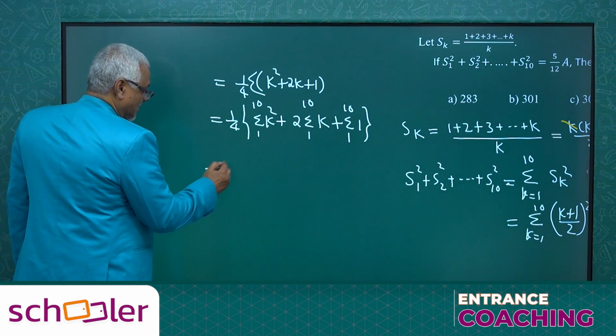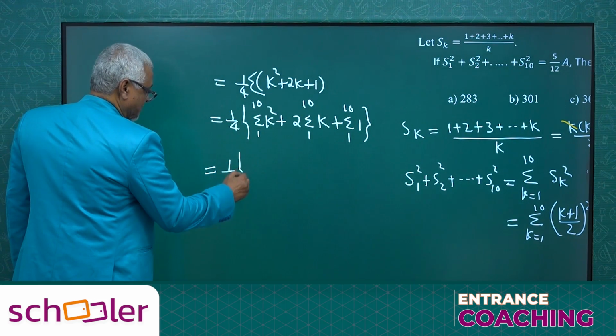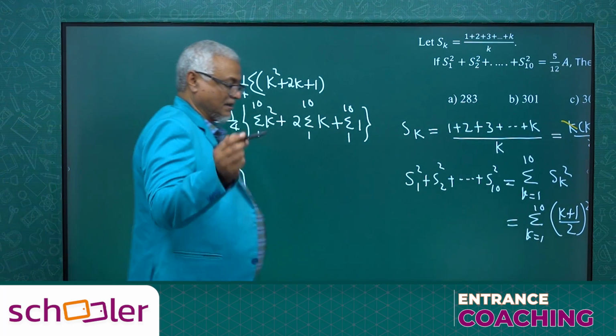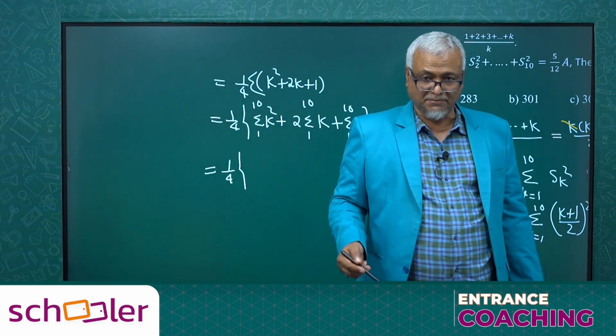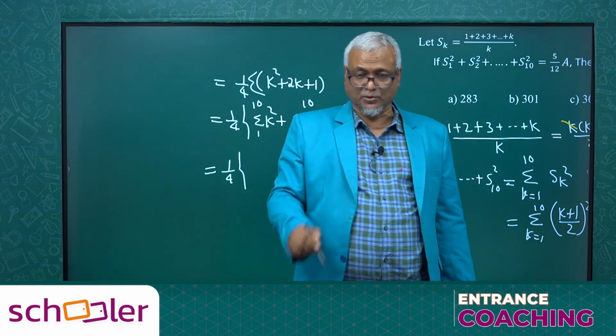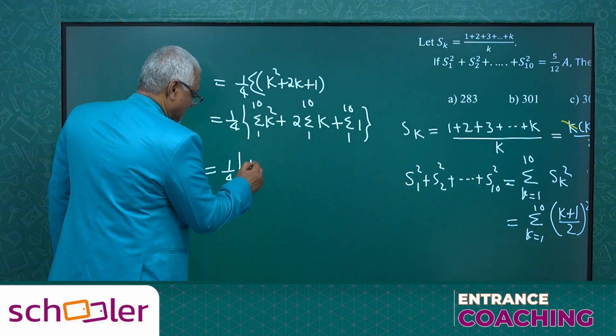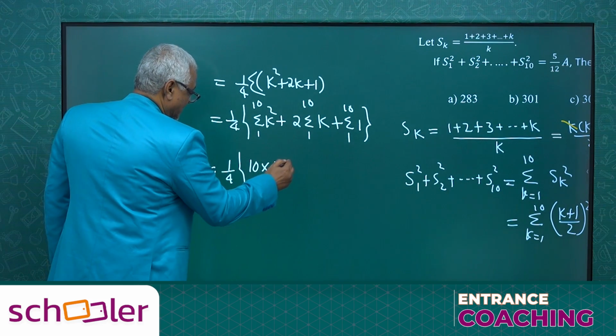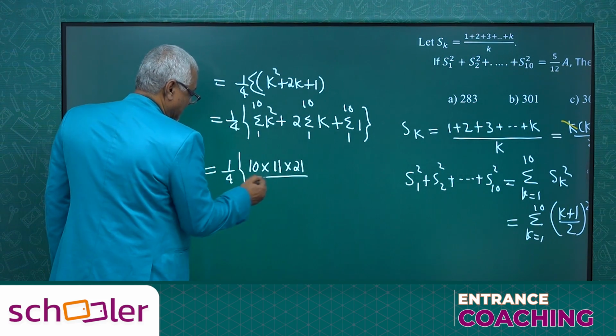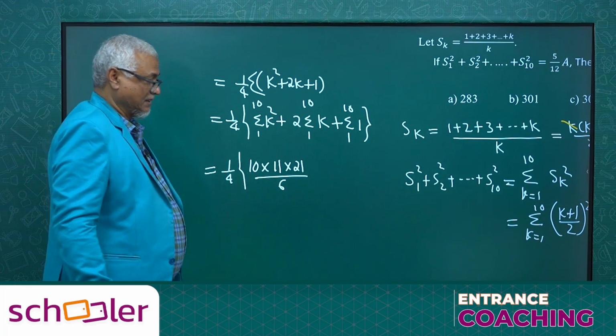This is equal to 1 by 4 times, okay, what is the formula? Sum of the squares of first n natural numbers: n into n plus 1 into 2n plus 1 by 6. So up to 10 terms, 10 into 11 into 21 by 6. That is 2n plus 1.